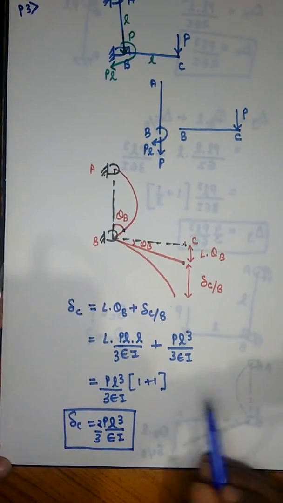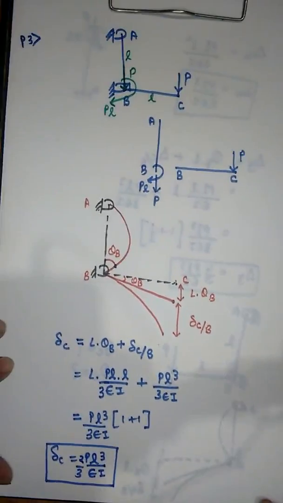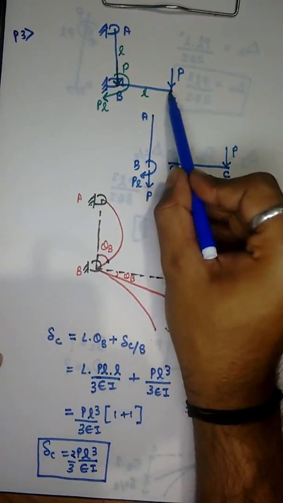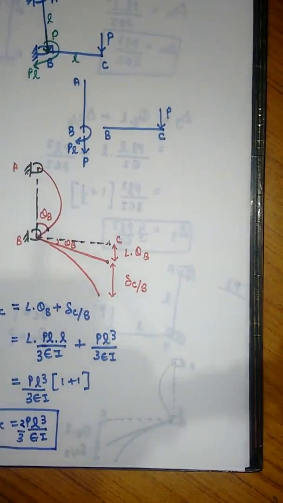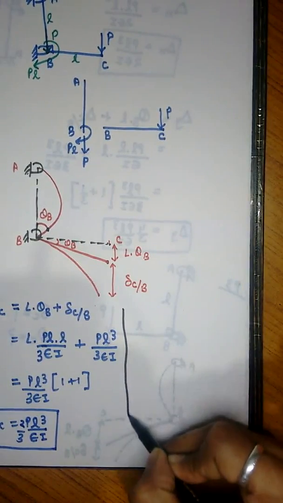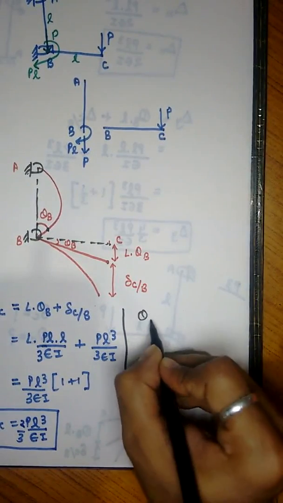So this is delta C at this free end. And what is theta C?